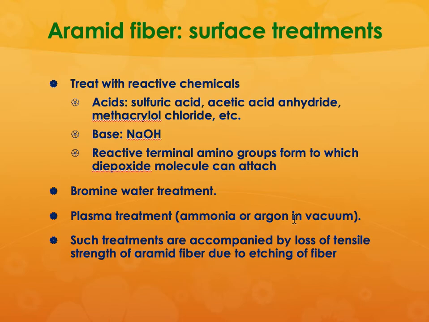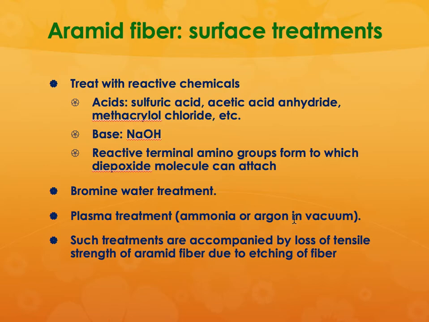So in the case of aramid fibers, you can react it with sulfuric acid, acetic anhydride, or methacryloyl chloride, etc. Or you might react it with sodium hydroxide. Or then you have to react it with some kind of amino groups that will then react with the matrix itself.